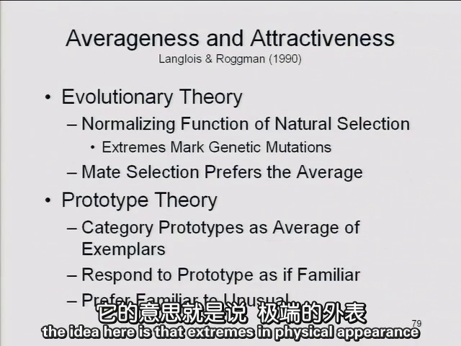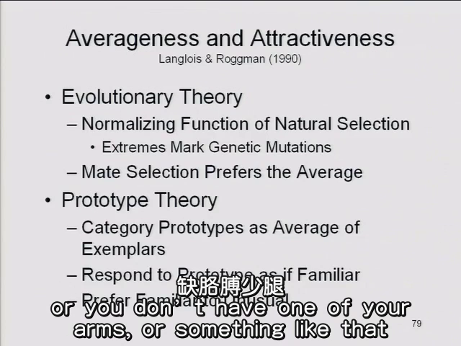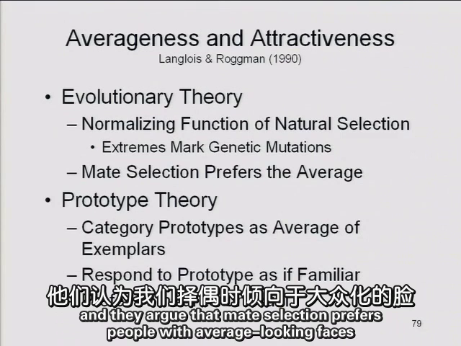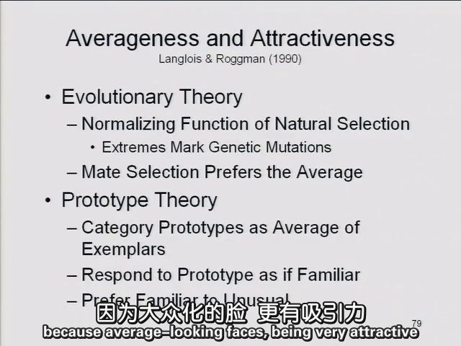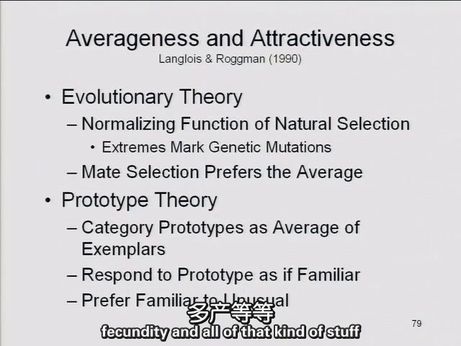The idea here is that extremes in physical appearance, if you're too tall or too short or too fat or too thin or you don't have one of your arms or something like that, these kinds of extremes are markers of genetic mutations, and they argue that mate selection prefers people with average-looking faces because average-looking faces, being very attractive, okay, are markers of robust reproductive health, okay, fecundity and all of that kind of stuff.